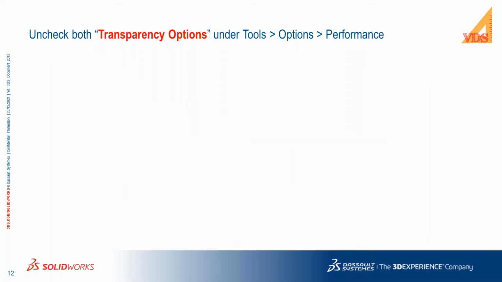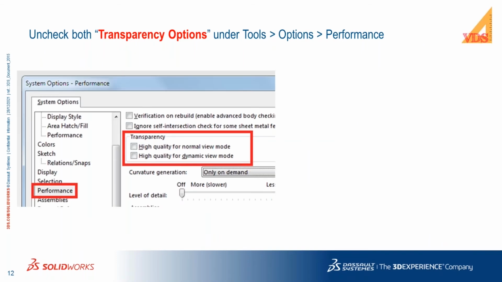The next one is the transparency option. You can find this particular option under the performance tab. Now we have two options under transparency. One is high quality for normal mode, and one is high quality for dynamic mode. When we say normal mode, it means the quality of transparency is high when our model is not moving.